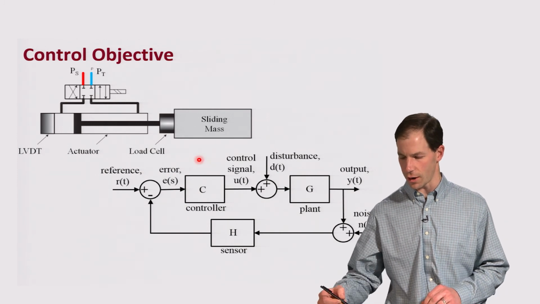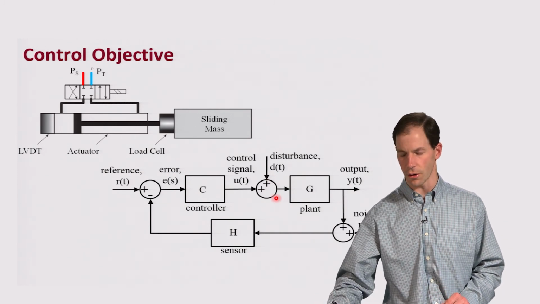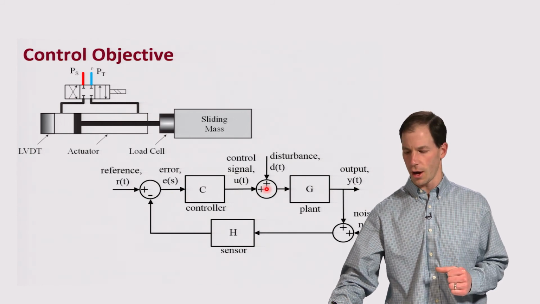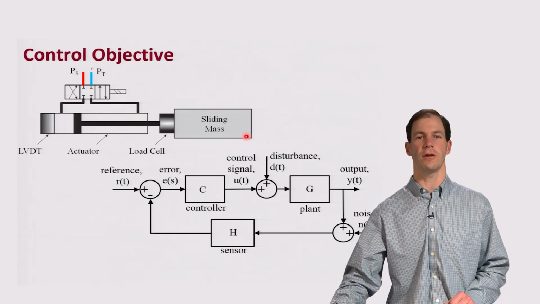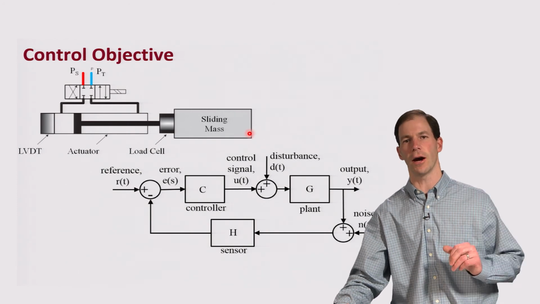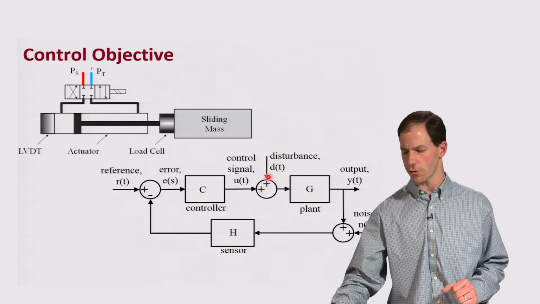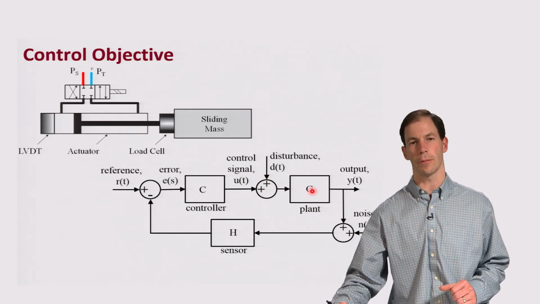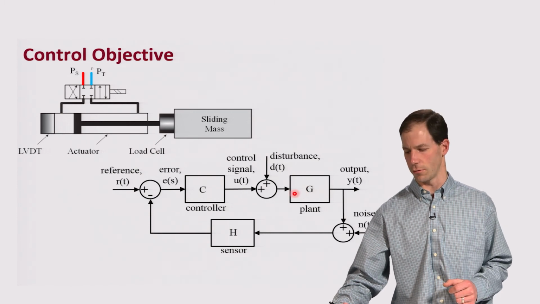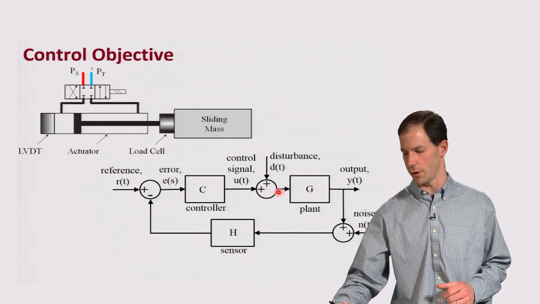The first is to add in a disturbance, and you'll say, well, what's a disturbance? Imagine that I am increasing the frictional force on this mass that's moving back and forth. Or perhaps I'm leaning on it right now and not leaning on it at another point in time. These are all disturbances that are being applied to the plant, or to the physical system, that are disturbing how it would normally behave. So those are disturbances, and we can simply add those in.